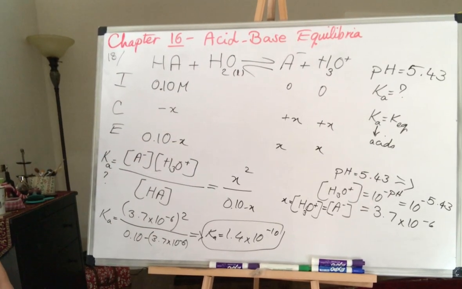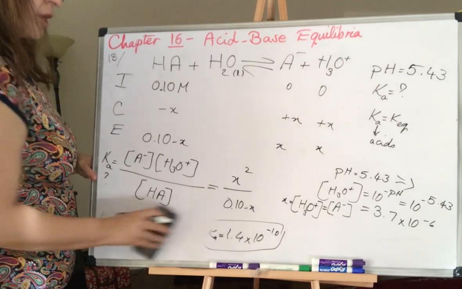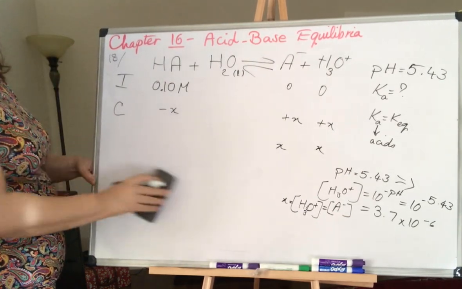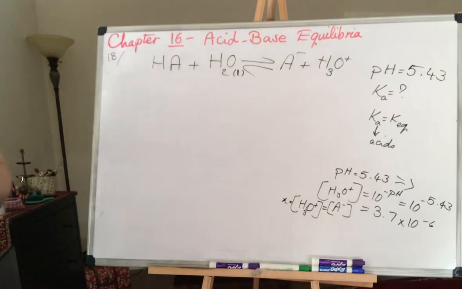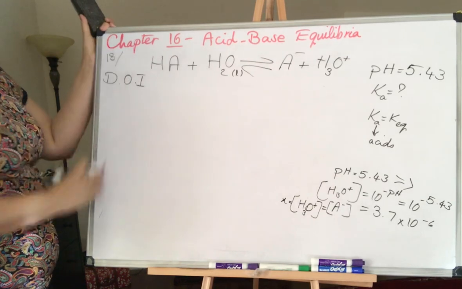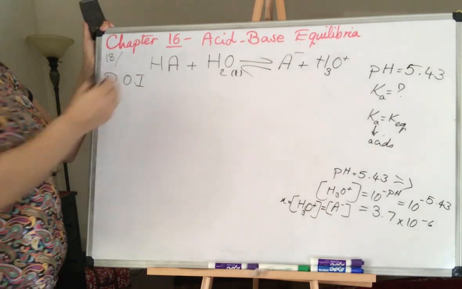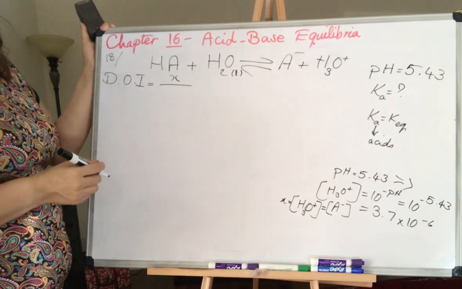Now, in the second part of this same question, part B is asking for the degree of ionization, let me call it DOI. Degree of ionization is the part that has ionized. It was X, right?